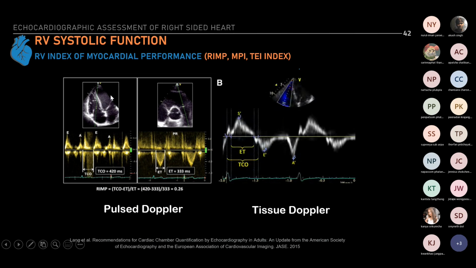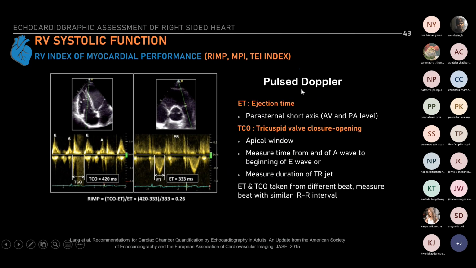The RV index of myocardial performance can be measured by two methods: pulse Doppler and tissue Doppler. For the pulse Doppler measurement, ejection time is measured with pulse Doppler at the distal RVOT in parasternal short axis of the aortic valve or parasternal short axis of the PA bifurcation.